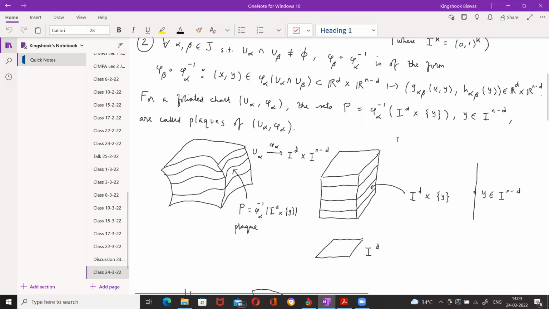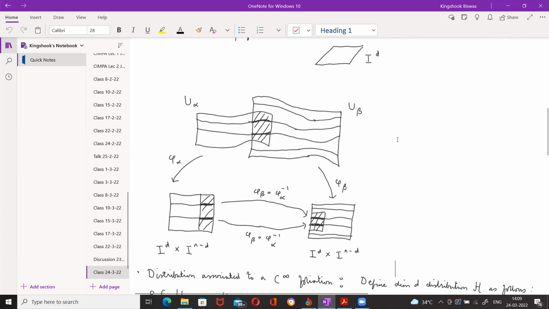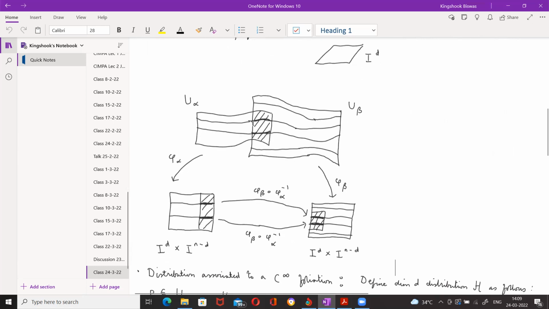If I look at the intersection of two charts like this, the fact that my change of charts has the y coordinate depending only on the y coordinate means that these horizontal squares of dimension d here will map to horizontal squares of dimension d here, because on a horizontal square the y coordinate is fixed.